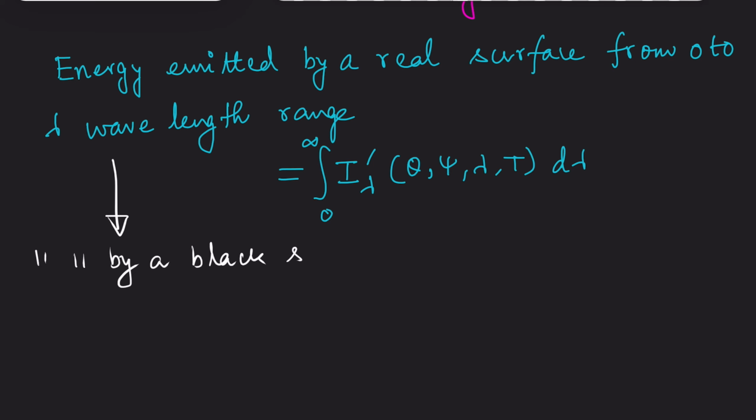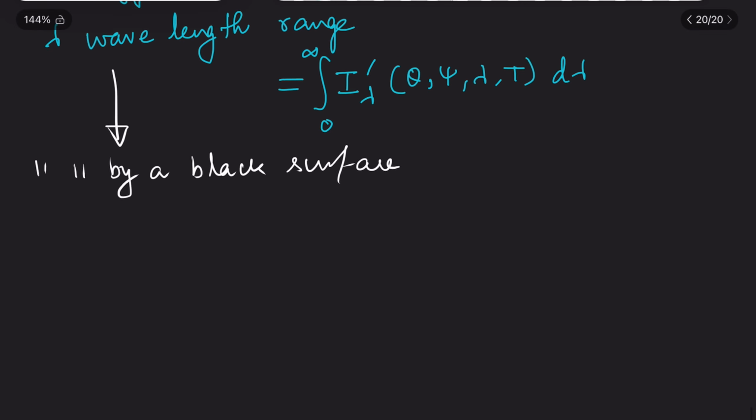Now I can pose you a very interesting question, and I will not give the answer. Is it necessary that all the surfaces that appear black to our eyes are black bodies?